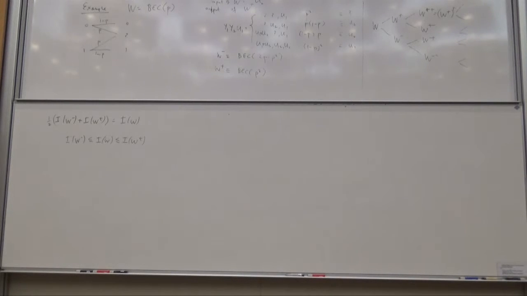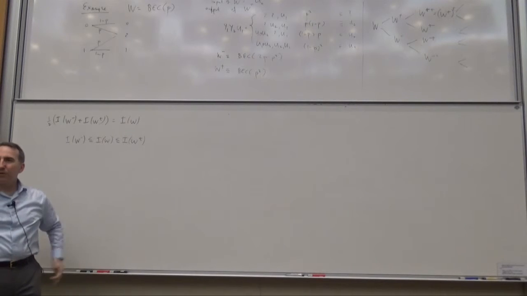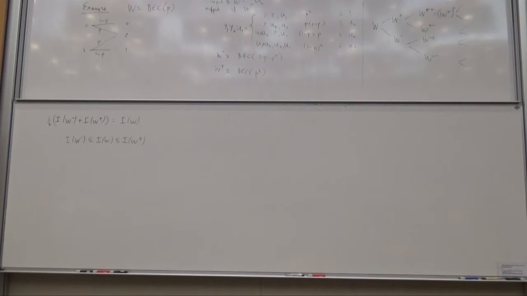So we have this inequality, but we don't really know by how much these two synthetic channels are unequal to each other. For the erasure case, what we have is the following.